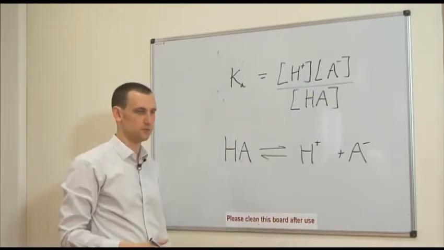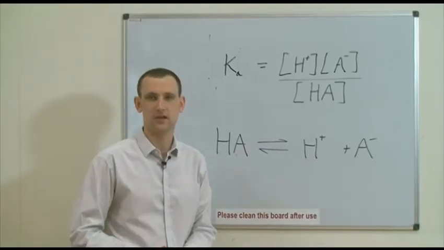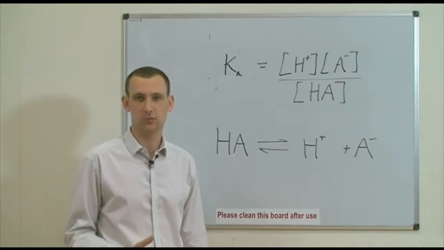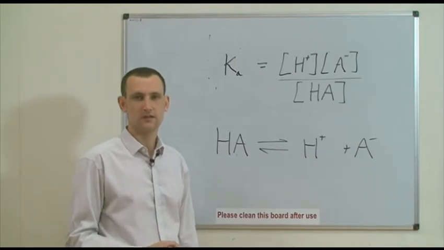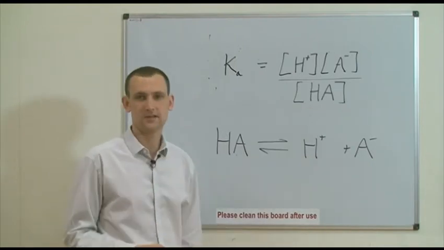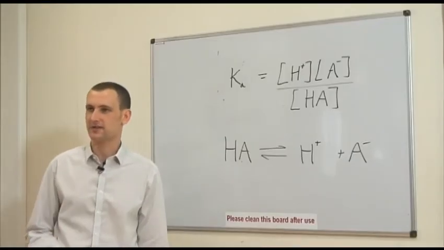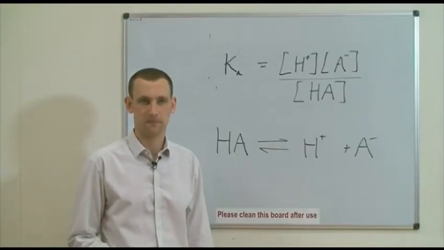divided by the concentration of the unionized acid molecule. For a strong acid, where complete deprotonation has occurred, this will have a value greater than 1, often much, much greater than 1, as the concentration of ionized species is much greater than the concentration of the unionized acid molecule. For a weak acid, where the protonated and deprotonated forms of the acid molecule are both present, this value will be less than 1.